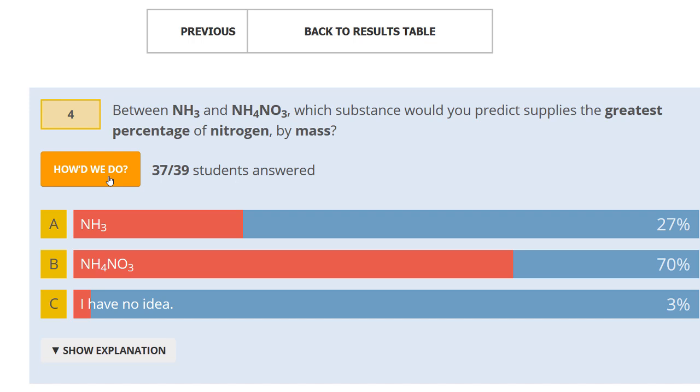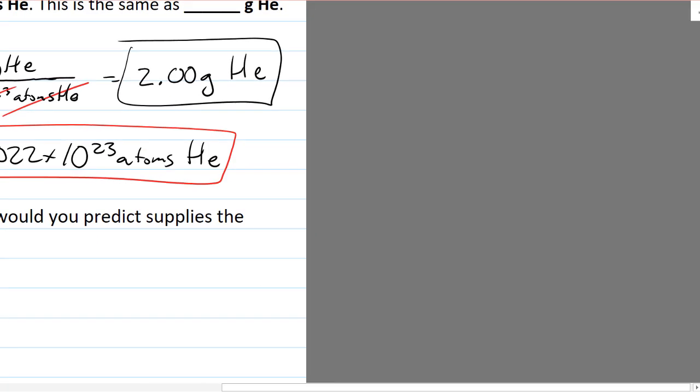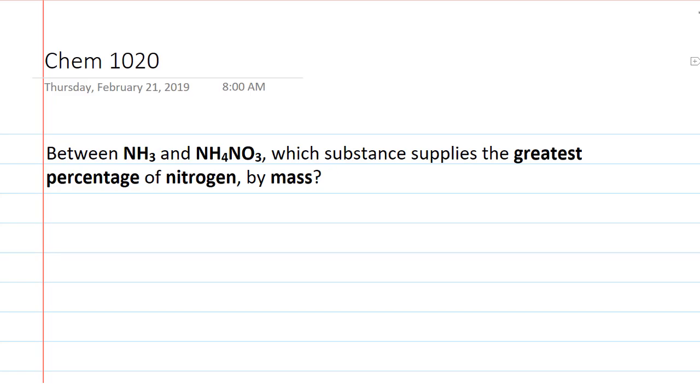So now let's talk about what these substances are, and this is going to be the basis of our calculation here today. Now you should know one of these two already. You should know the name of this one.